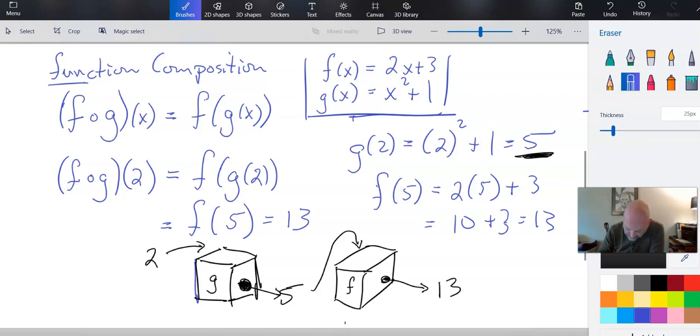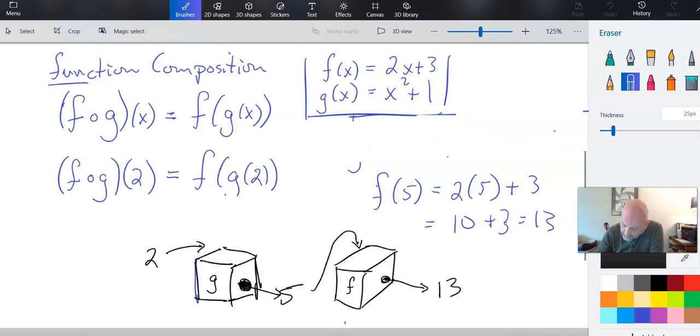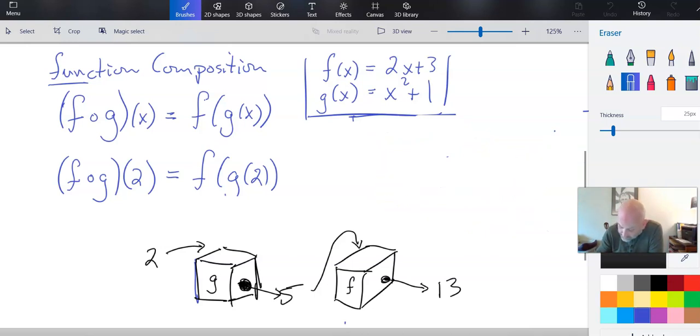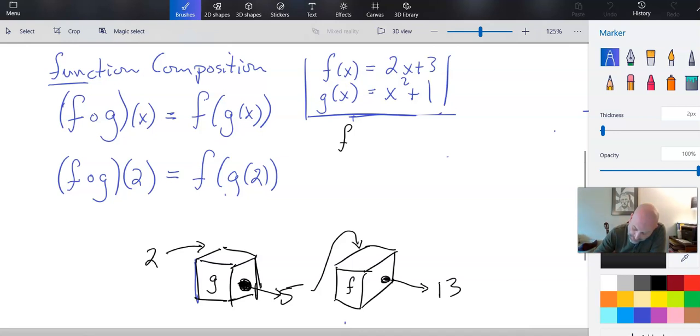I'm going to get some of this off of here. So we already know that f composed with g of 2 is 13, and we just worked all this out. So here's how the composition goes if you don't have a number. If I want to compute f composed with g of x, it's f of g of x.